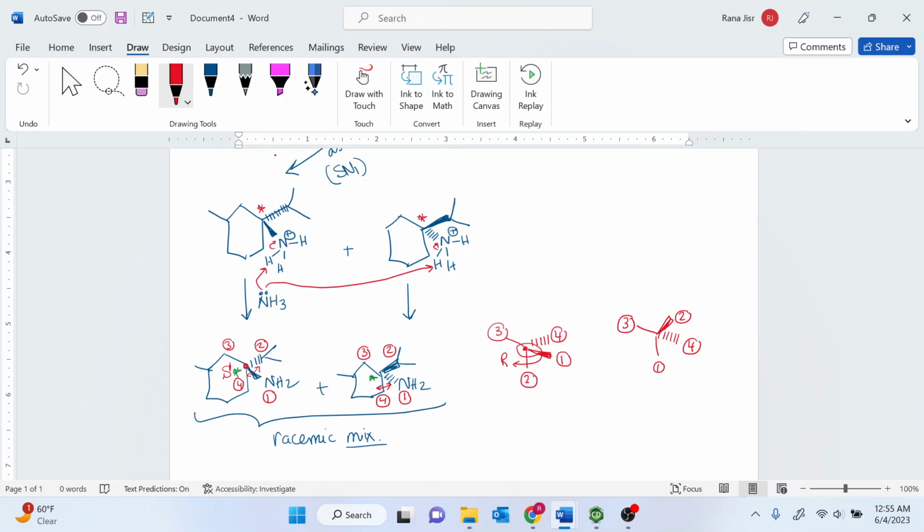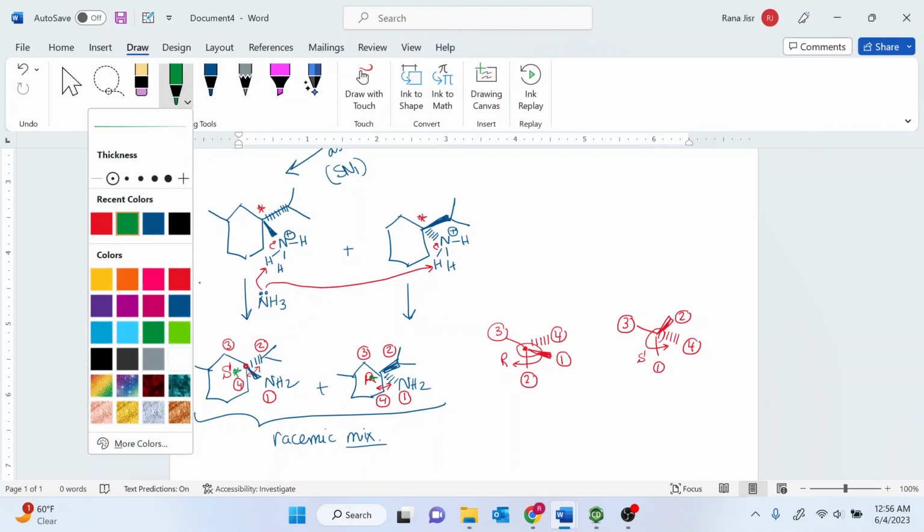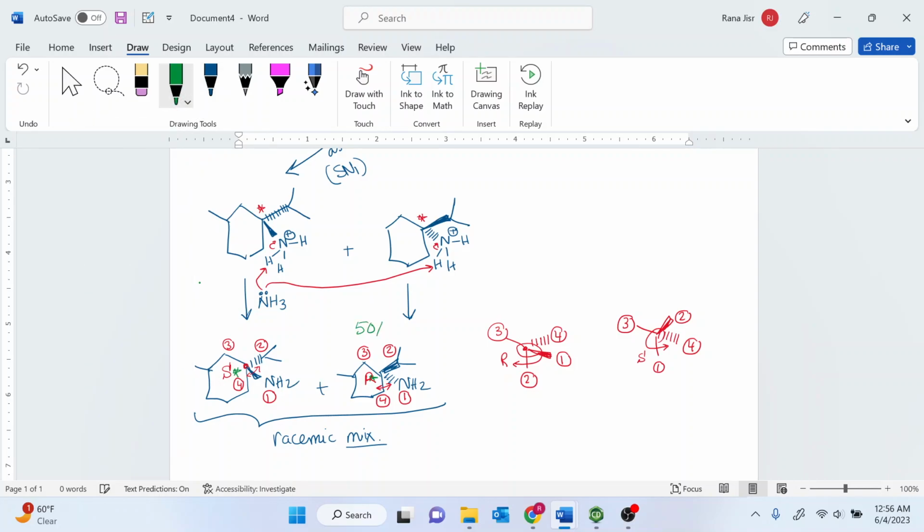And here in this case, we are going by 1, 2, 3 like this. This is an S configuration, so its actual configuration is going to be an R. So you can notice that here I have 50% R and 50% S. So if I combine those two together, I'm going to end up getting an optically inactive SN1 product.